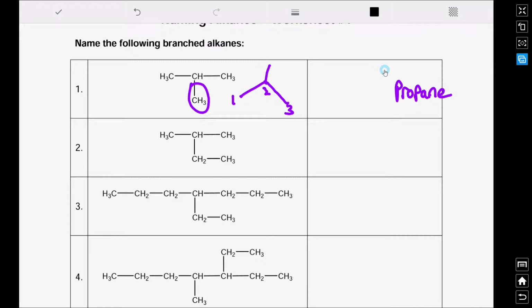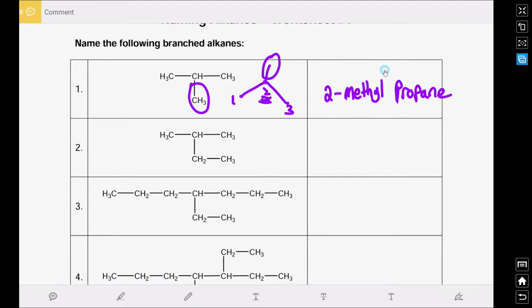In this case, we have a single carbon branch. A single carbon is meth, but a carbon branch is called an -yl, so methyl. And the last thing we need to do is what carbon is that methyl group attached to? It is the number 2 carbon. So the first one there is going to be 2-methyl propane.